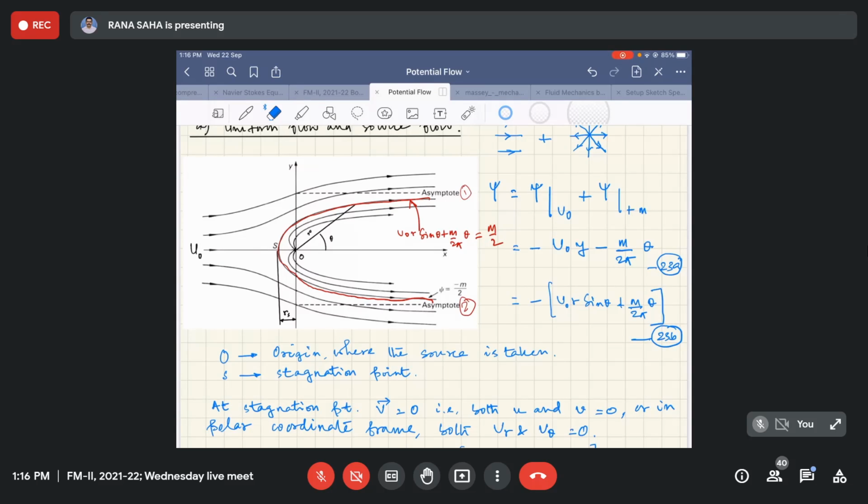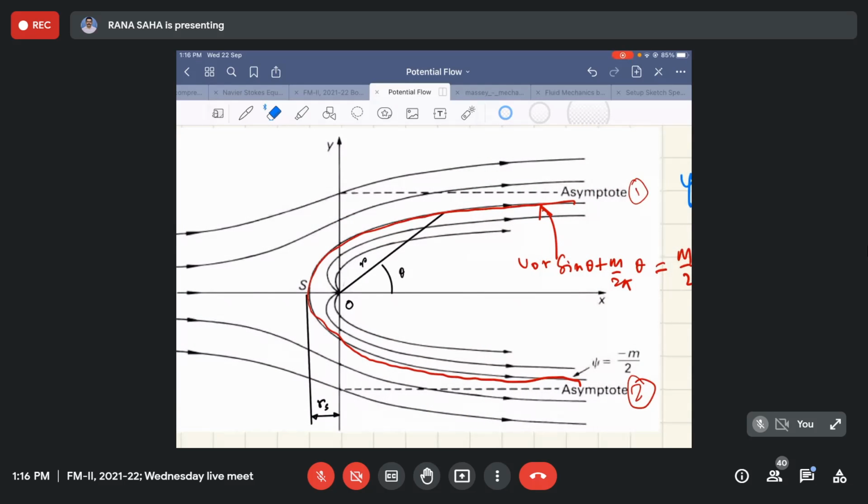So if the shape could be something like this one on your screen, this red highlighted one, that is what we call a half body. That means it has a nose which is converged to the point S, but the trailing edge of this particular body is extended to infinity.